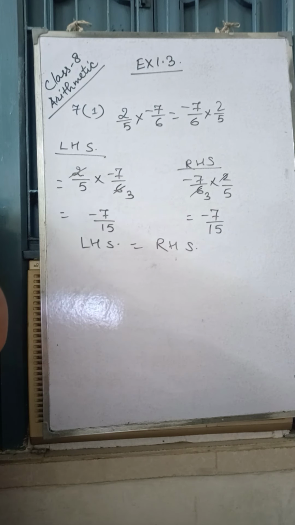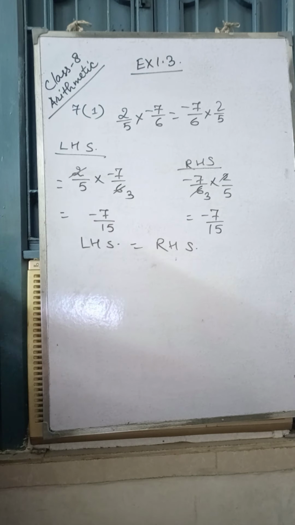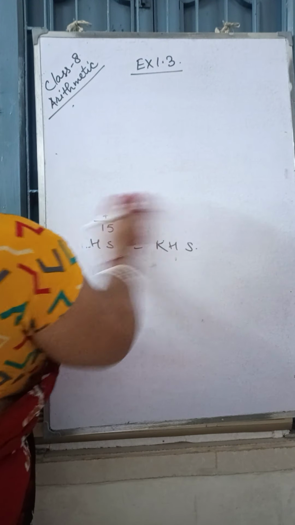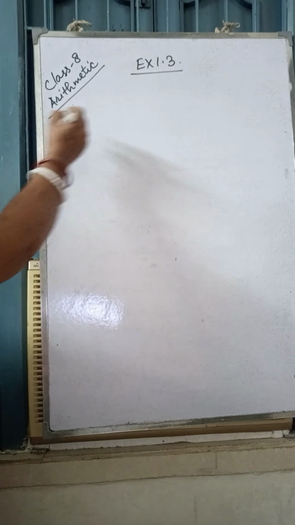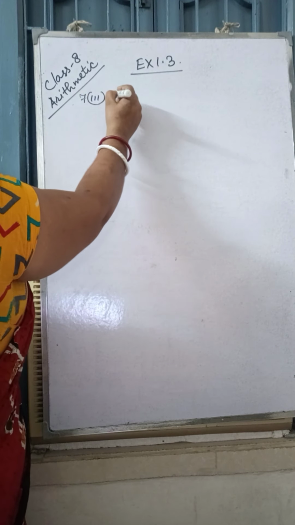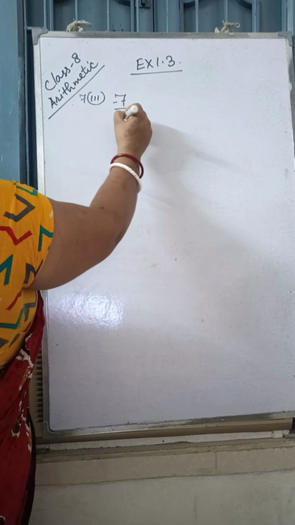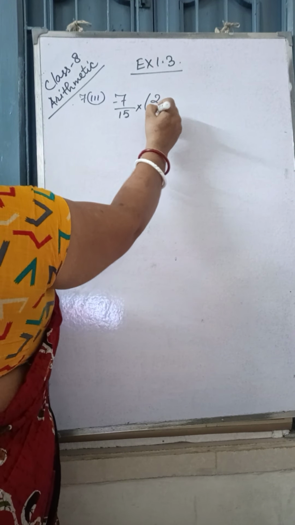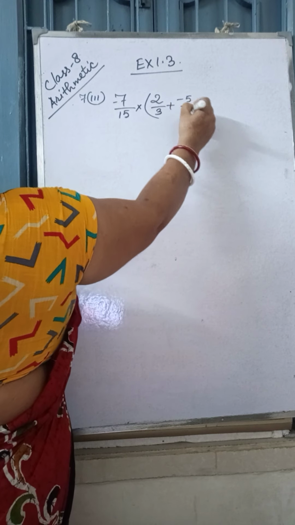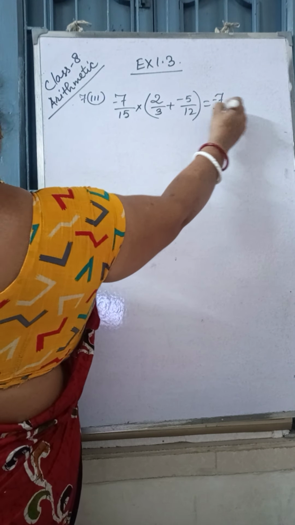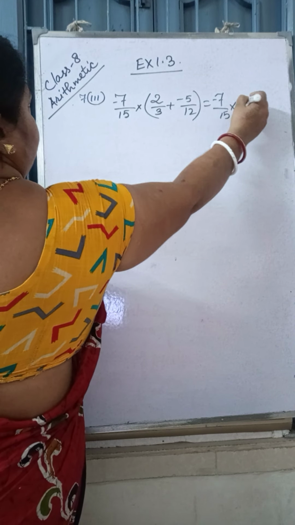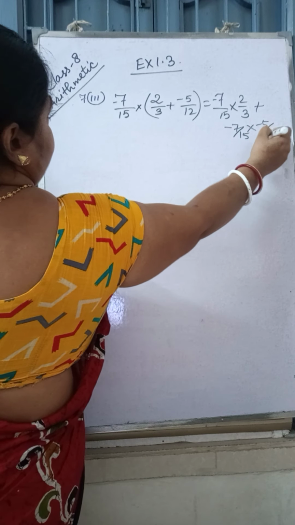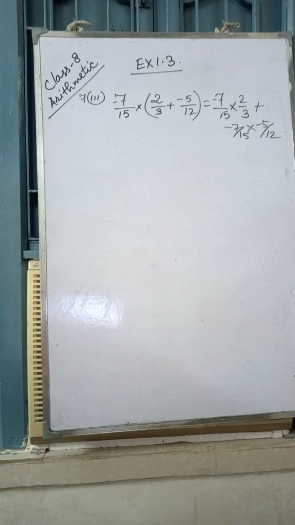Now when we see number 3, it is given distributive property over addition. So let us see number 3 from 7. Left hand side they have given you in the form of the distributive property, and the right hand side they have expanded it in the form of addition. Now we'll take left hand side first.